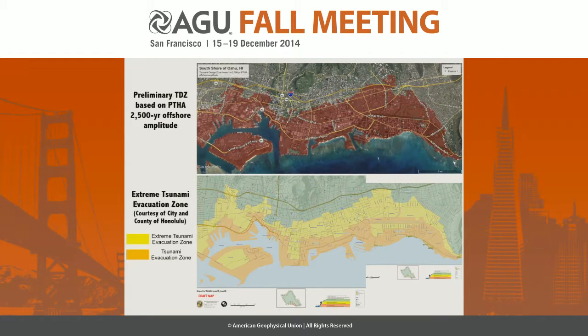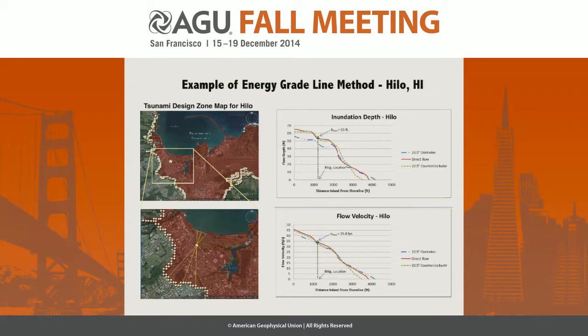On the bottom, you can see the orange color is the tsunami evacuation zone based on historical events, and the yellow area is the extreme tsunami evacuation zone recently developed in Hawaii. And you can see the two maps are actually very similar, and the tsunami design zone is slightly bigger than the extreme tsunami evacuation zone at some places.